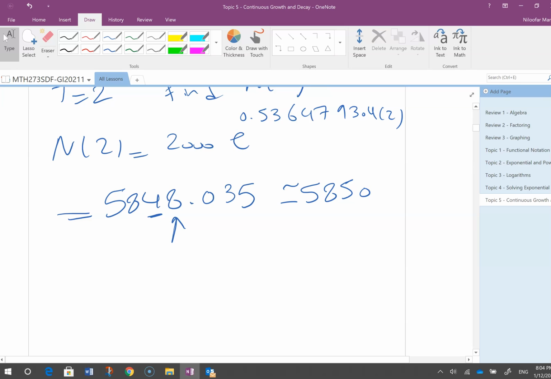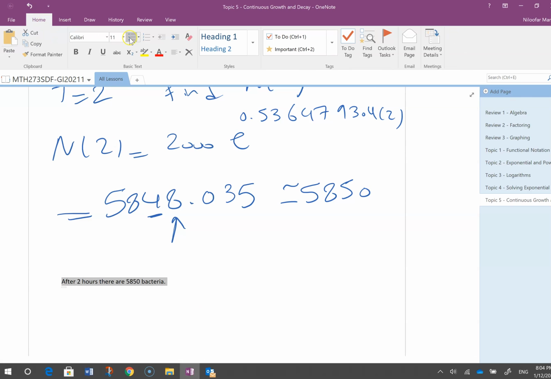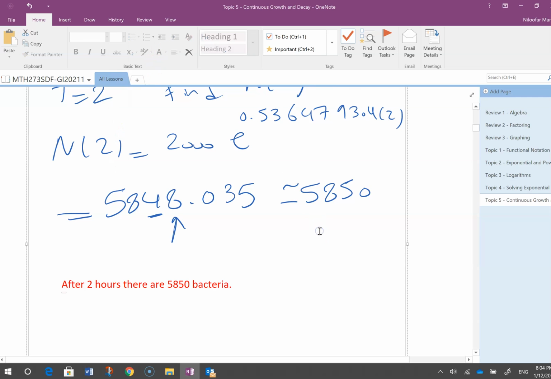After the decimal, no. So you can say after 2 hours, there are 5850 bacteria. I can also make it red.